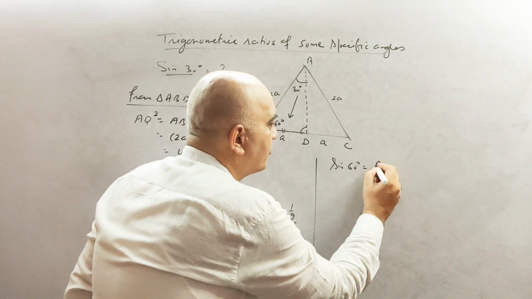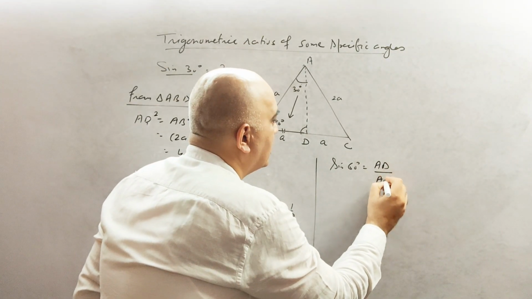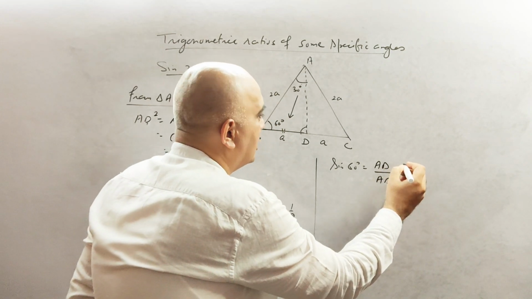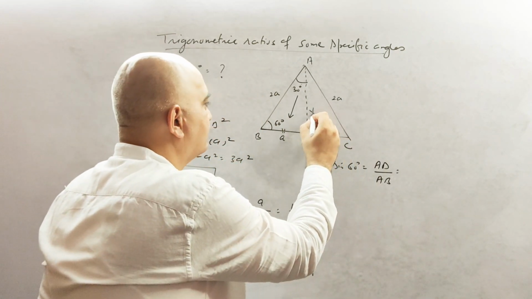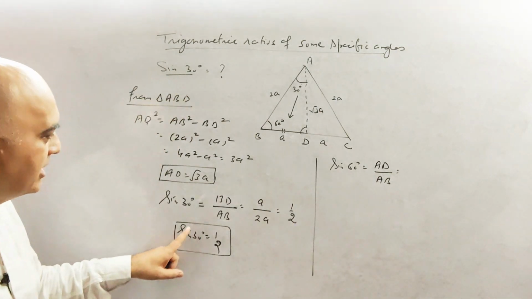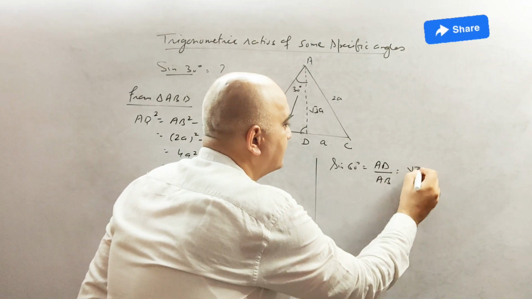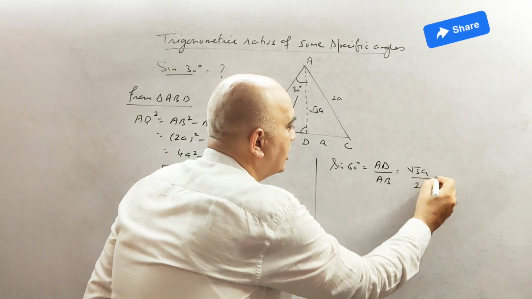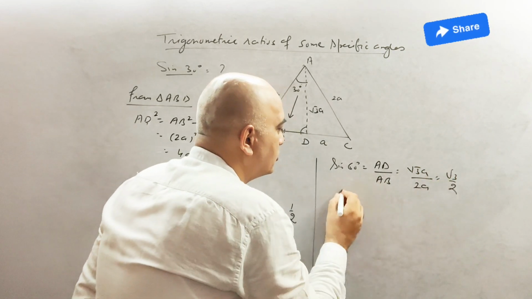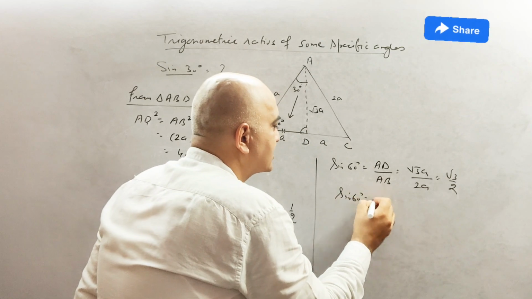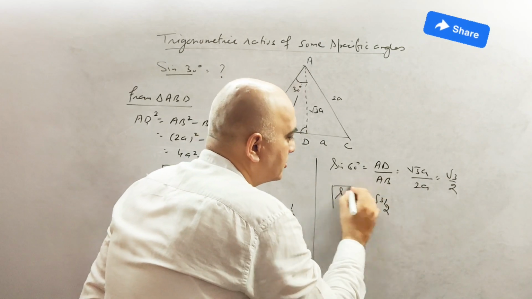So the formula is AD upon AB. What is AD? AD is root 3a, as we have calculated. So root 3a upon 2a becomes root 3 upon 2. Then sine of 60 becomes root 3 upon 2.